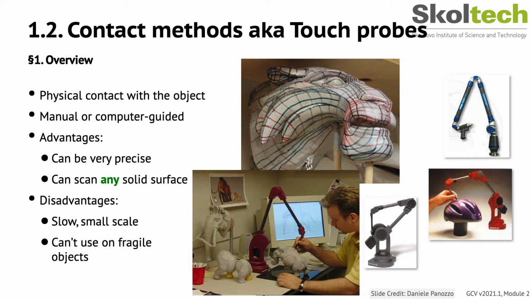They also have some disadvantages in that they cannot scale large or elongated objects, and they should not be used on fragile objects because they can damage or deform the objects. This is why such methods are rarely used with historical or cultural artifacts.